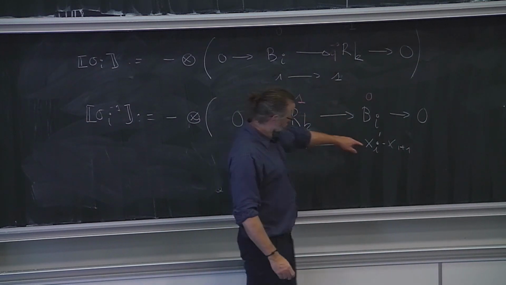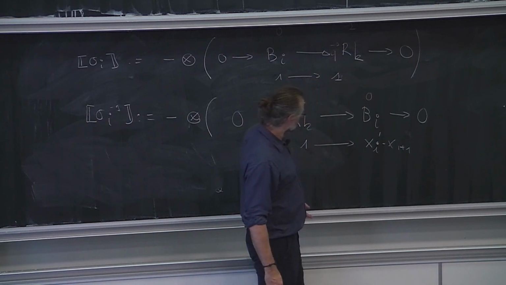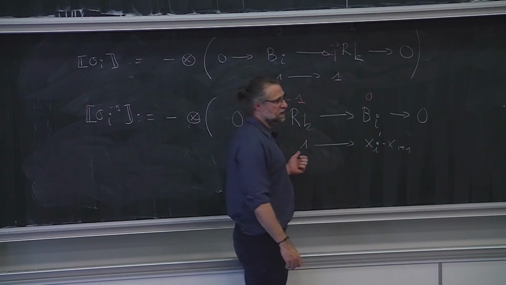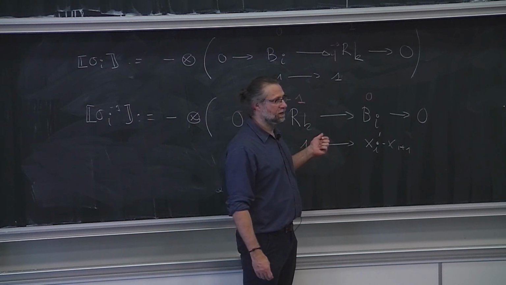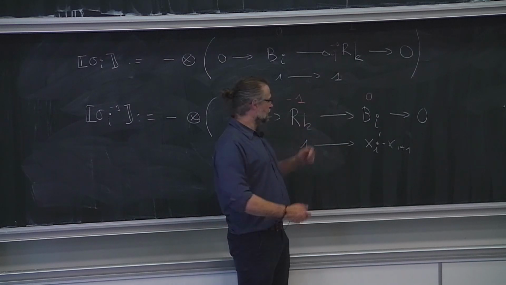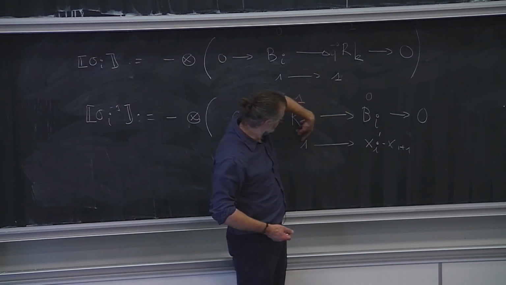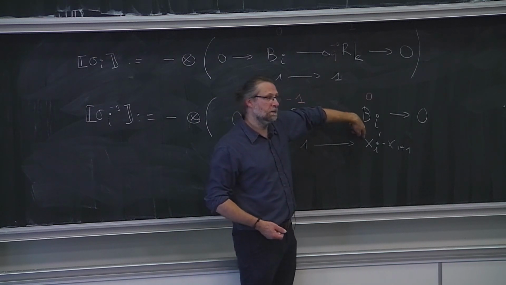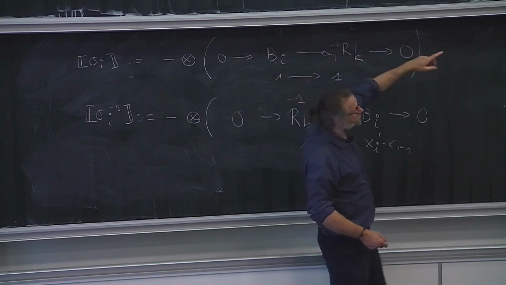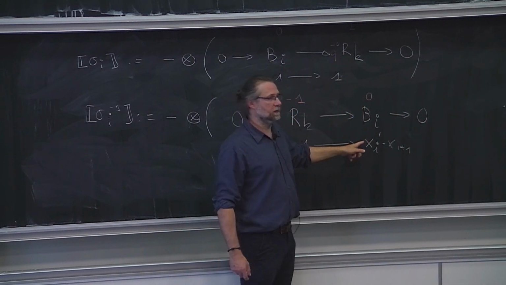xi goes to minus xi plus 1. And now if you think of degree, something is wrong. This is of degree 2, because if there was no shift on Bi, I'm sending a degree 0 to a degree 2 element. Then I'm shifting down by minus 1, so this is now of degree 1.